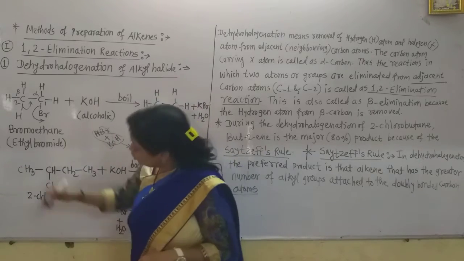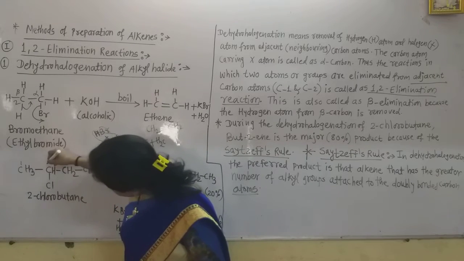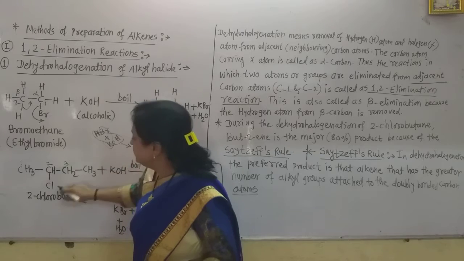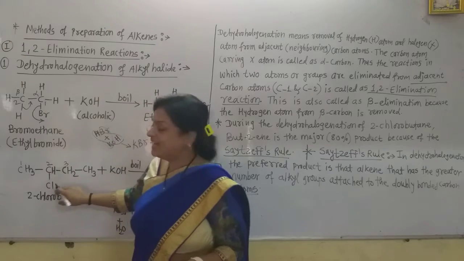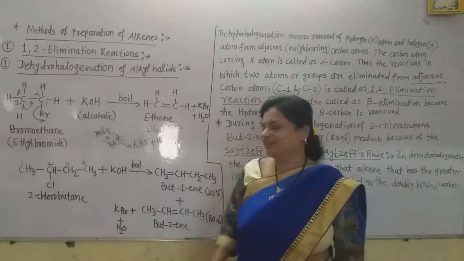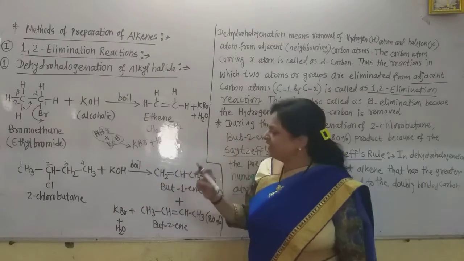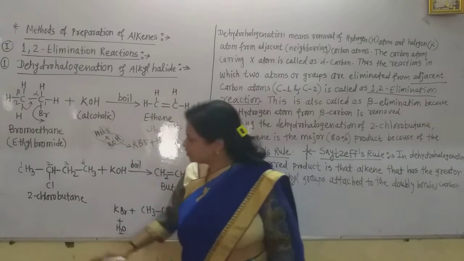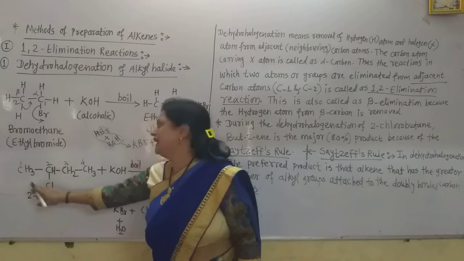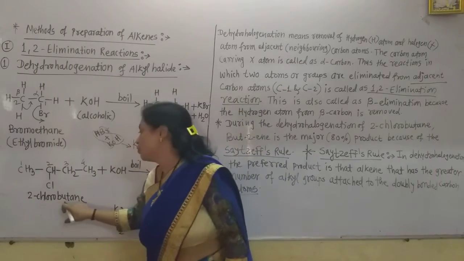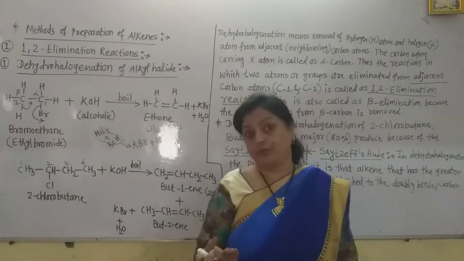So always number from the end closer to the carbon having the halogen. In this way I number this carbon chain. Then on the second carbon atom there is the chlorine. So this is 2-chloro, and in the chain there are 4 carbon atoms. So it is 2-chlorobutane. That is the IUPAC name.